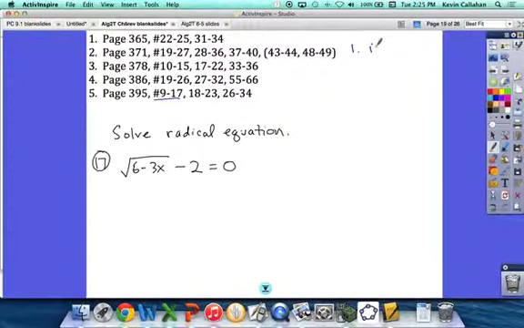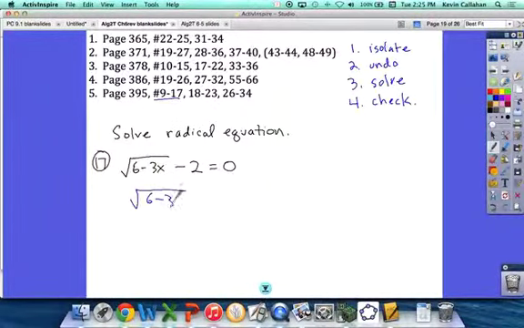Isolate, undo, meaning square a square root, cube a cubed root, whatever you're going to do. Three, solve whatever's left after you've done that. And you can check at that point. Check. This one in particular, if I was going to isolate, I would add 2 to the other side. 6 minus 3x equals 2.